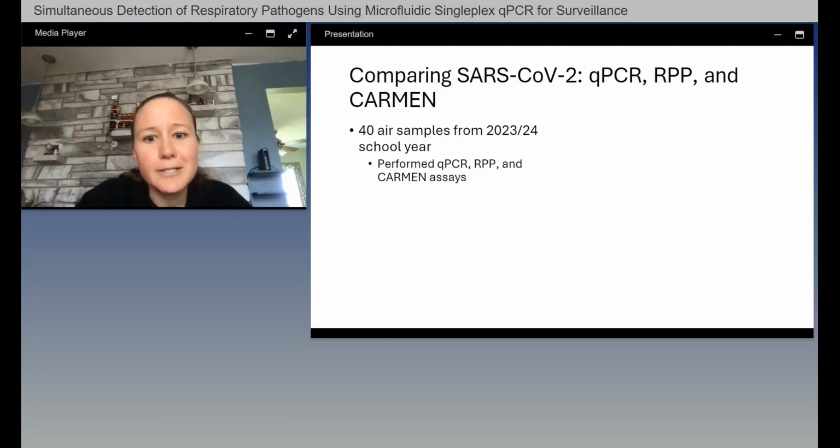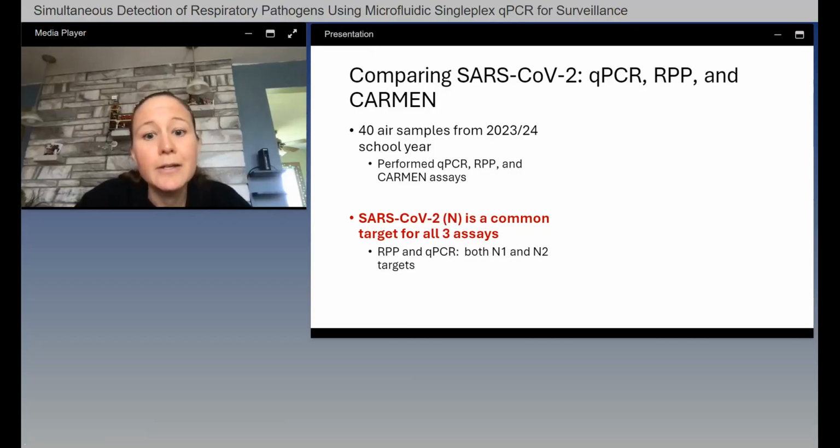So we took 40 air samples from the 2023-24 school year and performed these three assays on those samples. The SARS-CoV-2 N gene is a common target for all three assays. RPP and qPCR both have the N1 and N2 targets. And for Carmen, we just have one N gene target. I have tested other ones, but the one that we're using currently is the best performer.